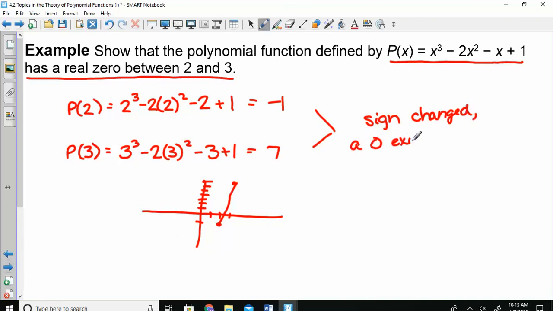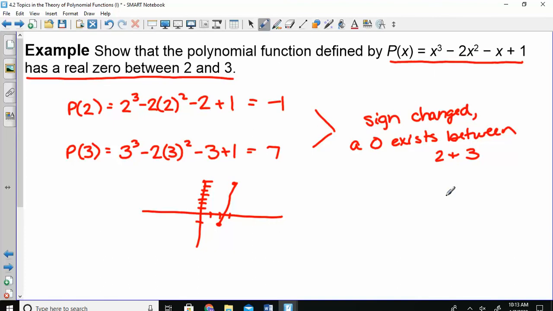A 0 exists between 2 and 3. I don't know what it is, but I know some number between 2 and 3 would make that whole equation equal 0.